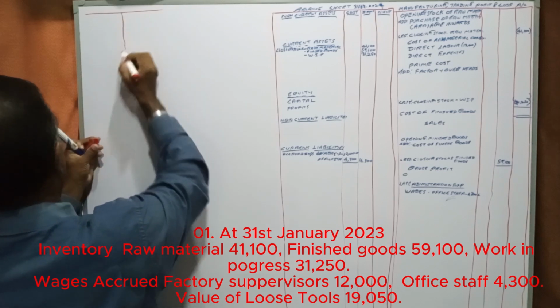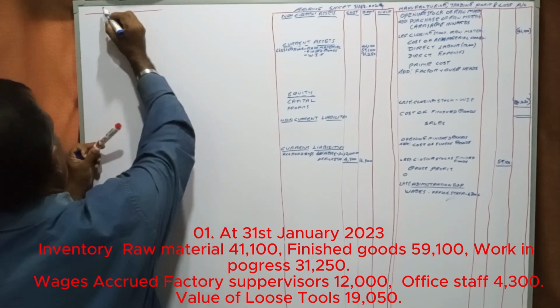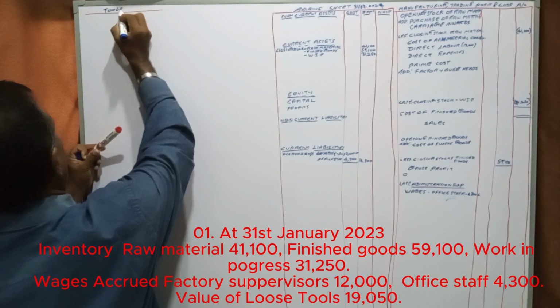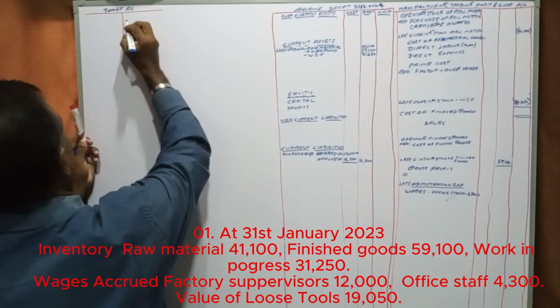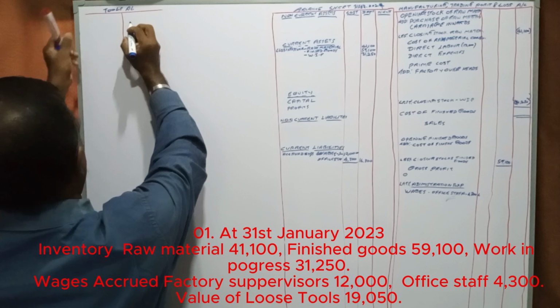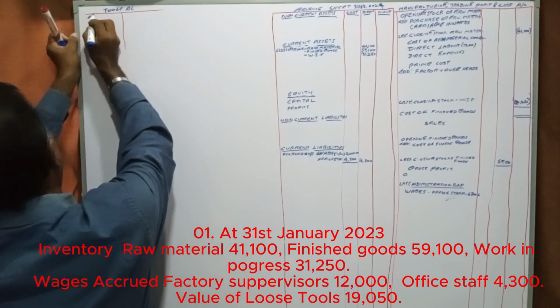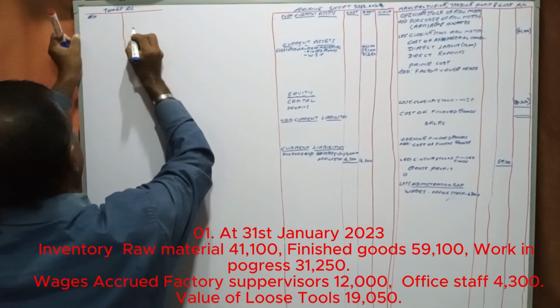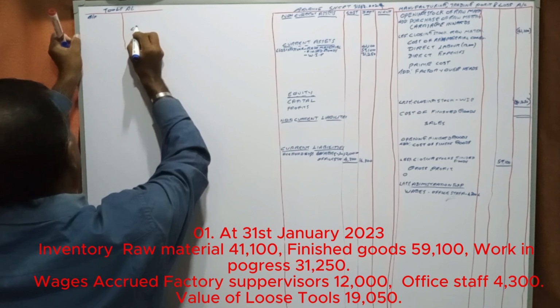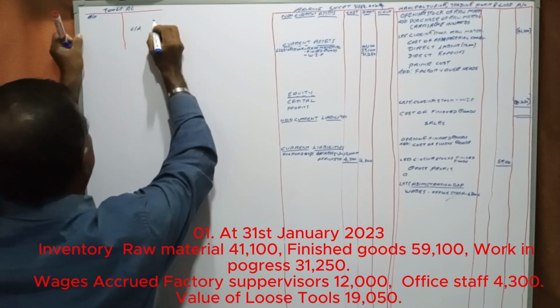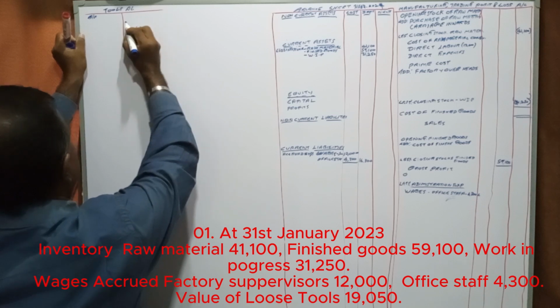In the tools account, you say brought forward balance, carried down balance. Here they will say loss.